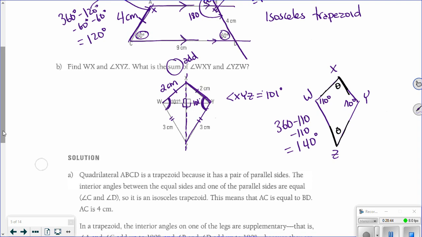So if I add up my top angle and my bottom angle, it's going to add up to 140 degrees. Oh, sorry, this isn't 110, this is 101. So I'm doing 360 minus 101 minus 101. Which is actually going to be 158 degrees.